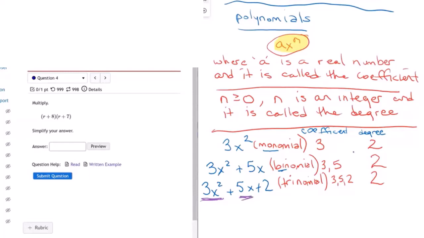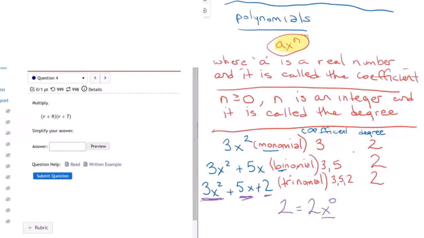Yes. Okay, so there it is of that form, but you know, we have lots of invisible ones around, don't we? Now, this one is really tricky, the 2. 2 is equal to 2x to the 0 power, isn't it? Because anything to the 0 power is 1. x to the 0 is 1. 1 times 2 is 2.